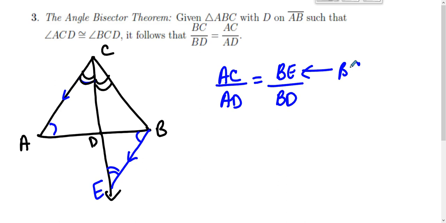But this is BC, because triangle BCE has two angles that are congruent, so the opposite sides in that triangle are congruent, and so this is BC, and we got it. It's the angle bisector theorem, and because it is based on similar triangles, it absolutely depends on Euclid's parallel postulate.